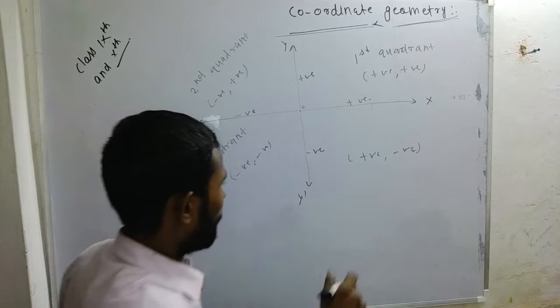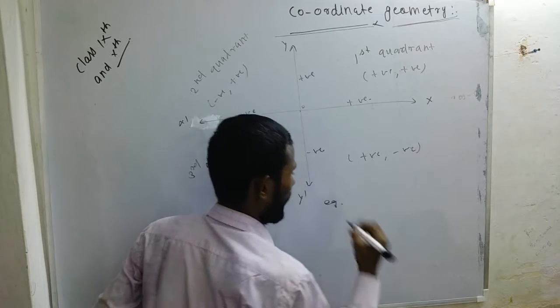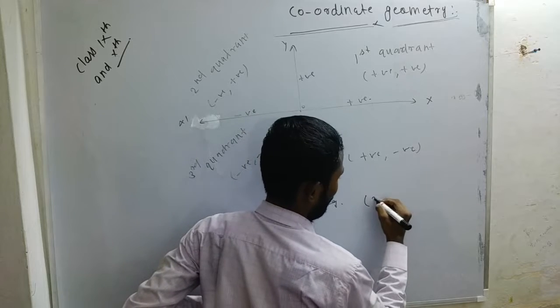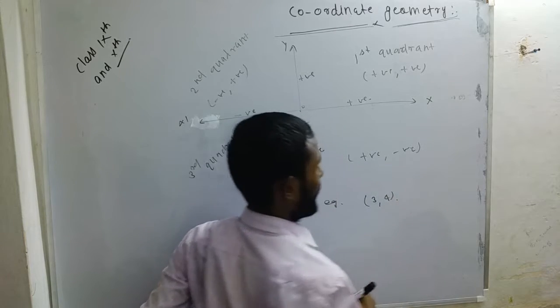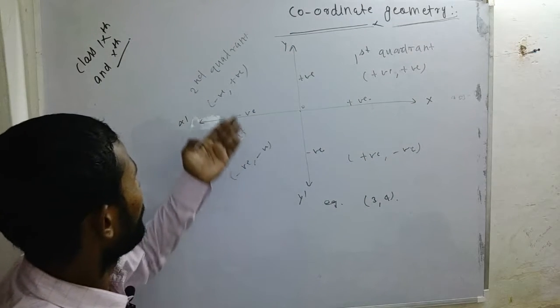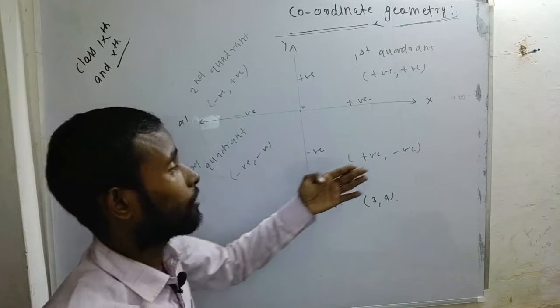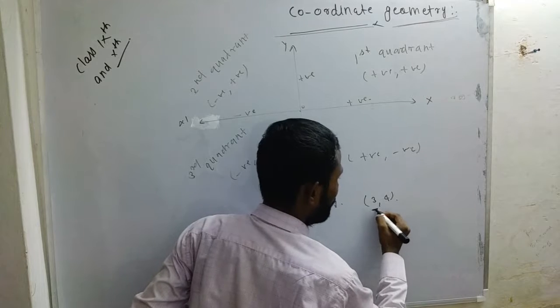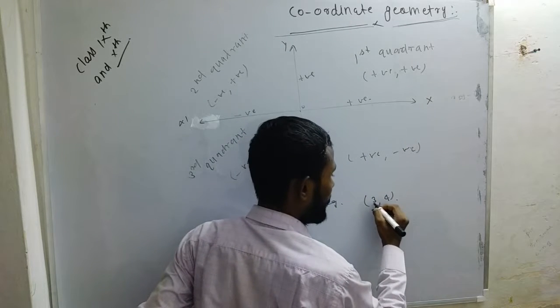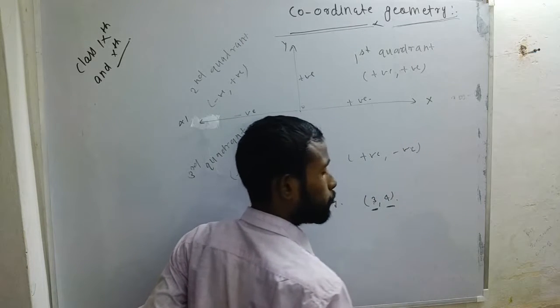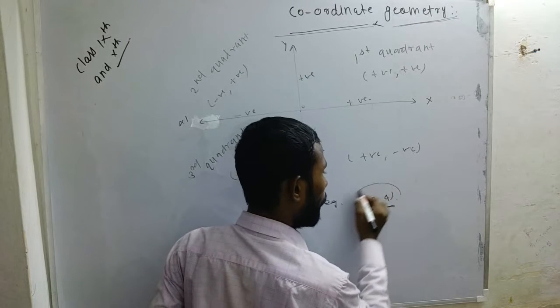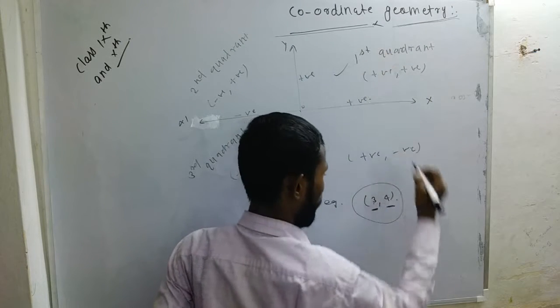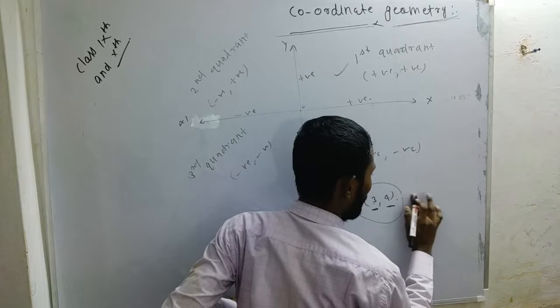Now we describe some examples. Let us say anybody asks me where this point lies, that means in the first quadrant, second quadrant, third quadrant, or fourth quadrant. Here we observe that the x coordinate is 3, which is positive, and the y coordinate is 4, which is also positive. So positive, positive always lies in the first quadrant.